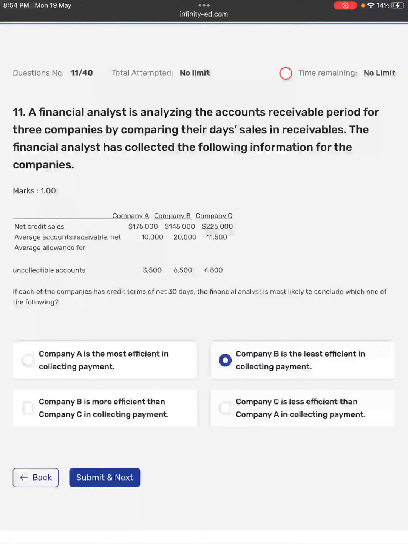For company A, 175,000 divided by 10,000 is 17.5. 360 divided by 17.5 comes to around 20 days collection period. It means company B is less efficient in collecting payment, right? This should be the correct answer.